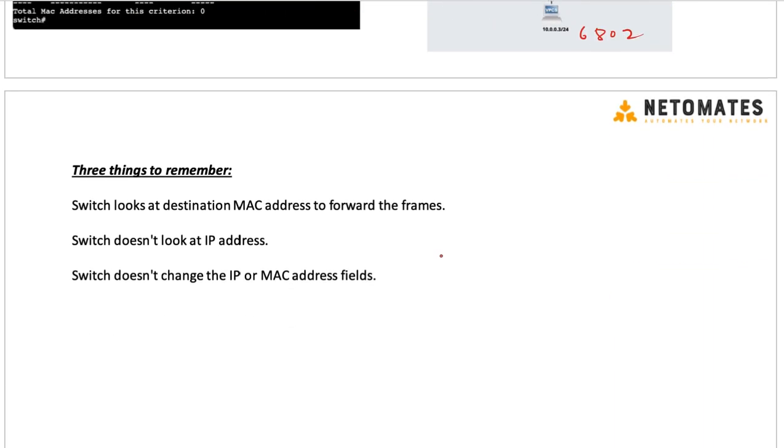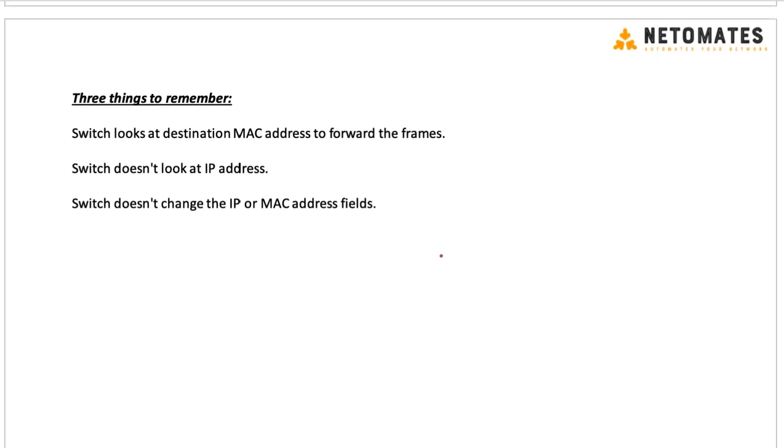To summarize, the switch looks at the destination MAC address to forward the packets. It will only look at the destination MAC address to identify to which port it needs to forward the frame. It is not looking at any IP address field.